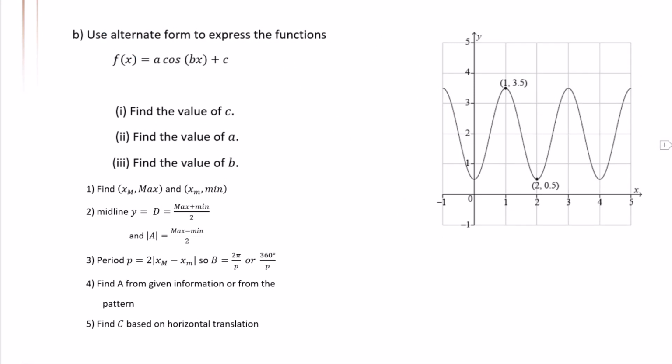B. Use the alternate form to express the function. In the previous question, we already figured out midline y equals 2. In this function, c is the midline. Midline is the vertical translation.